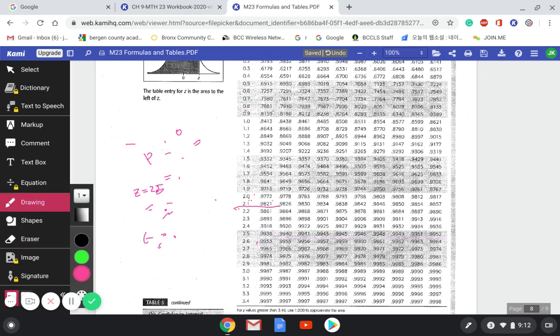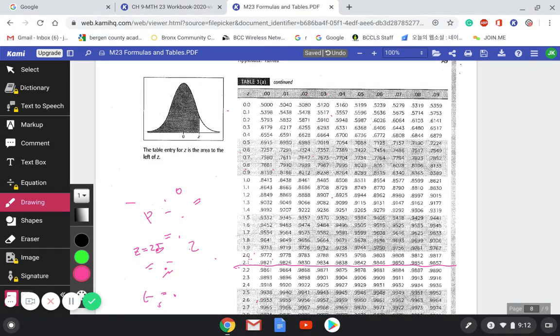First 2.1, and you look for 1. That's the probability when it is 2.11. Okay, so 2.1 and 1, you get this value, 0.9826. So the probability becomes 0.9826.